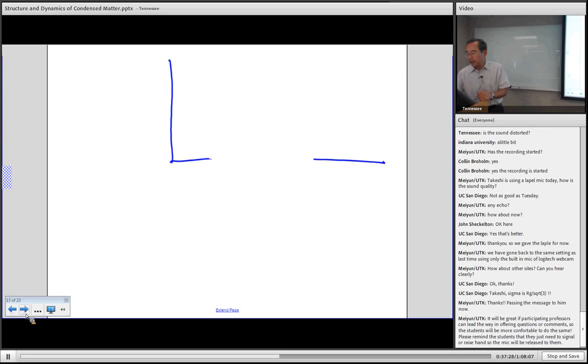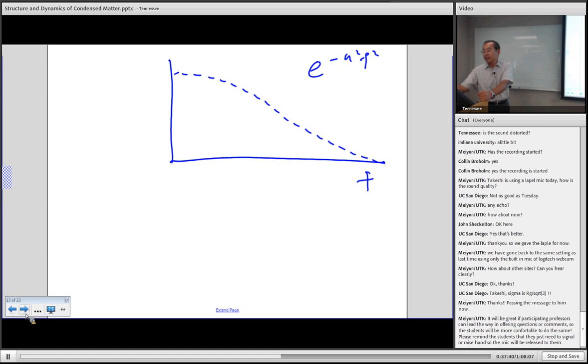This envelope, e to the minus u squared q squared, is a slowly varying envelope, and the scale here is like 1 over u, and u is like a tenth of an angstrom, so it's like 10 inverse angstrom.